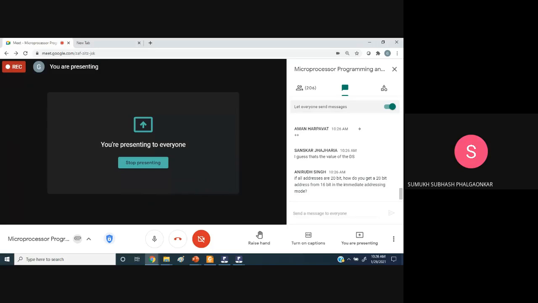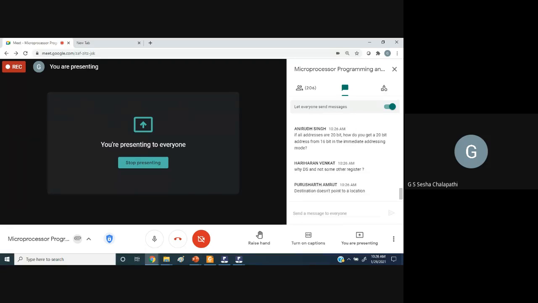The destination is some immediate data. The source is a register, but the destination is data. It is like you are taking the data from the register and trying to put it into an immediate value, which is not possible and not correct.